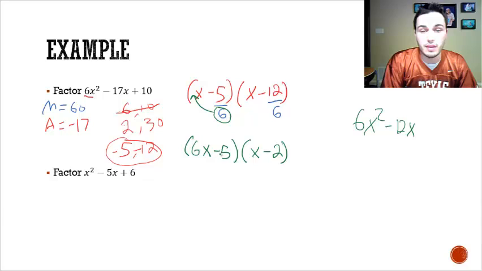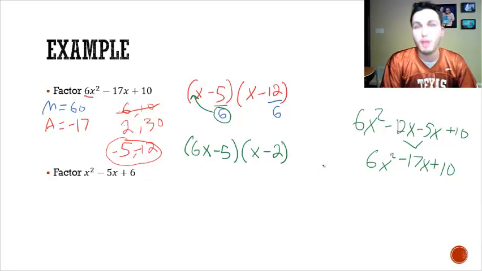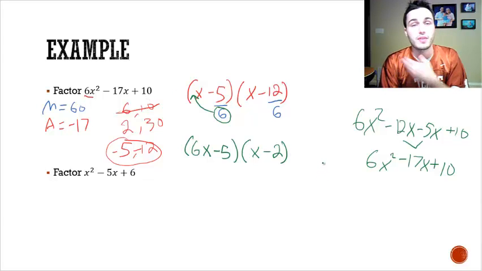Now FOIL the negative 5 times the x is negative 5x. And the negative 5 times negative 2 is positive 10. And let's check that. Combine these together, that makes negative 17x. And I have the 6x squared and the plus 10 still. And does this match my original? Yes, it does. So, by FOILing, I checked to make sure that I did it correctly.